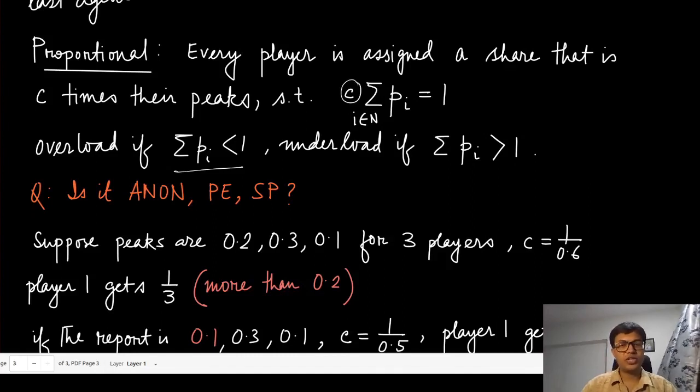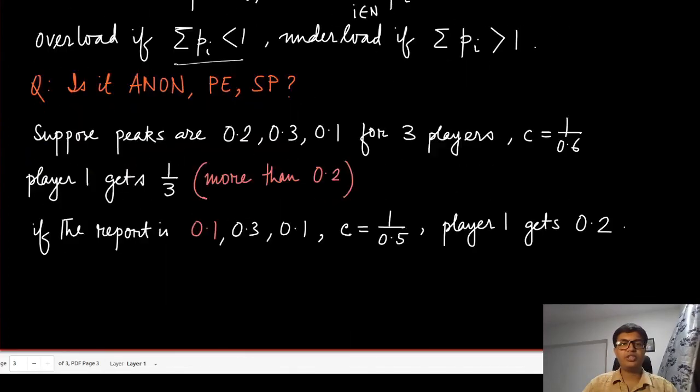But what about strategy proofness? Now suppose we have peaks of 0.2, 0.3 and 0.1. These are the agent peaks for these three players, and then you know that C is going to be 1 by 0.6, that is just 1 by the sum of their peaks.